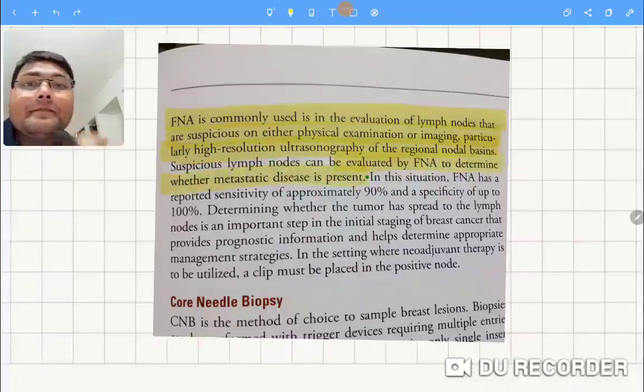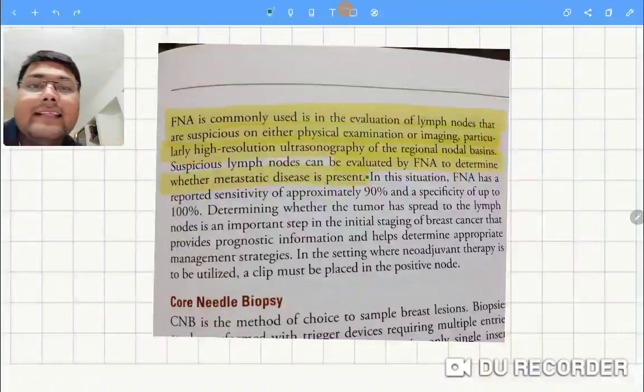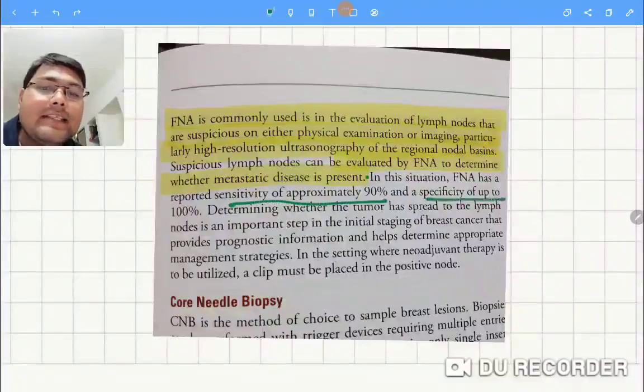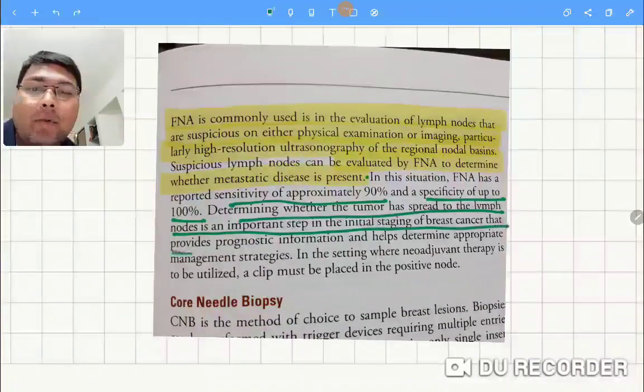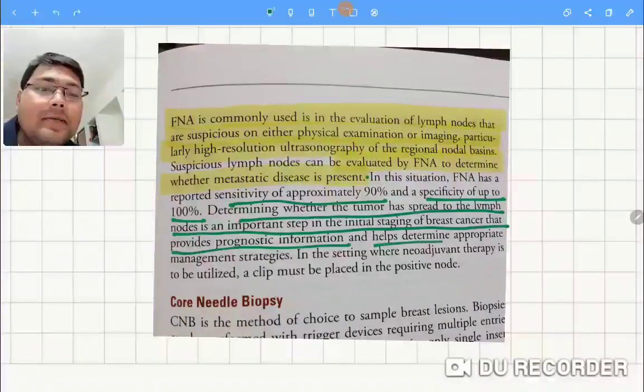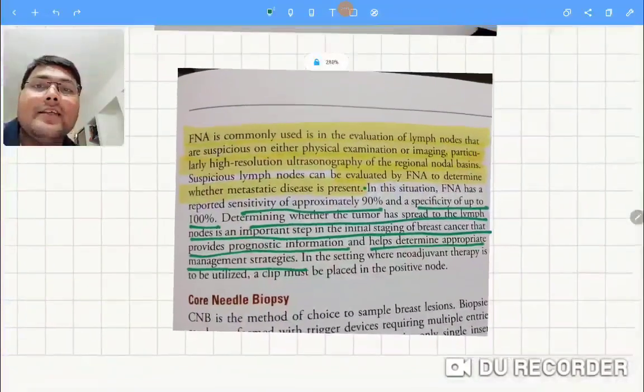FNAC has very high sensitivity, approximately 90%, and specificity up to 100%. It is highly specific. Determining whether the tumor has spread to the regional lymph nodes is an important step in the initial staging of breast cancer, which provides prognostic information and helps determine the appropriate management strategy, right? So here FNAC is very useful.